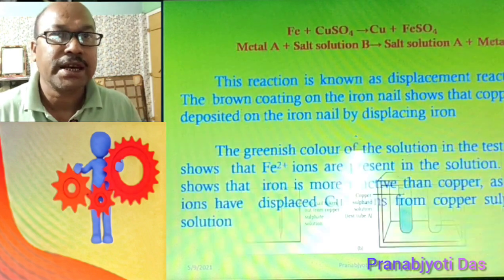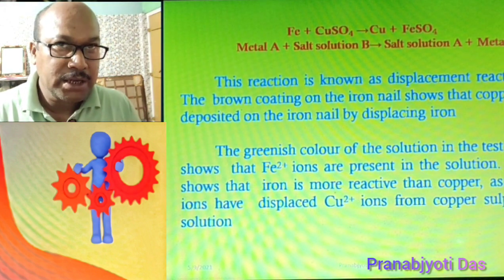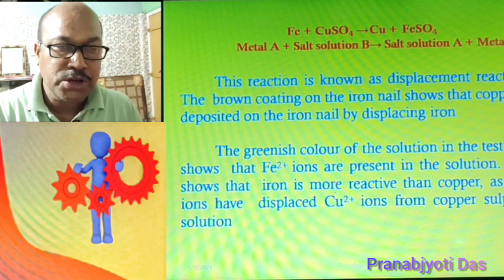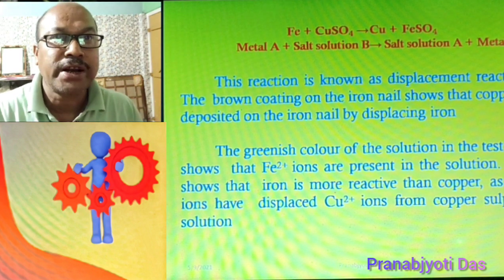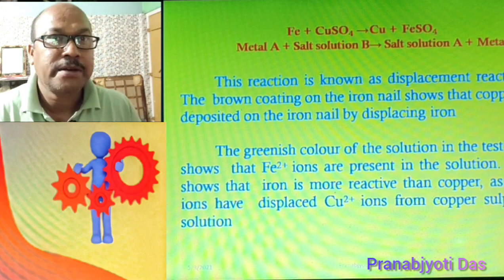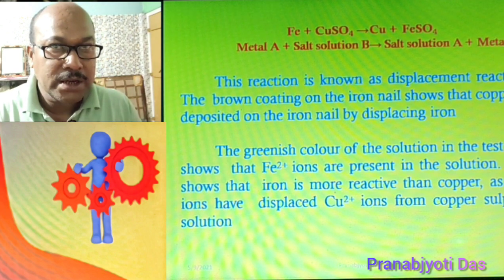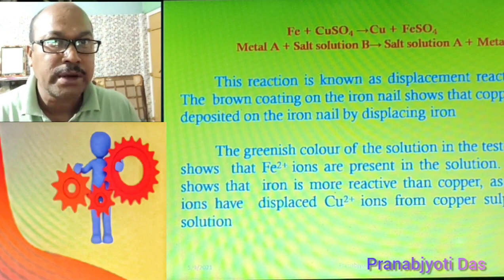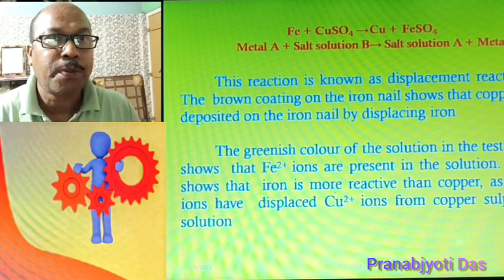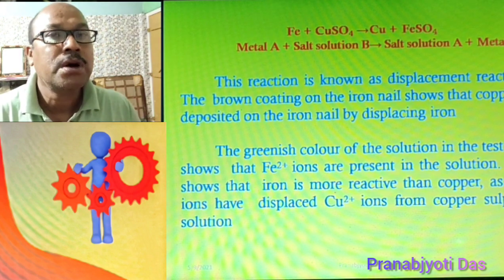The answer is here. Iron, you can see, iron nail. You dropped it in copper sulfate solution. So a reaction took place between iron and copper sulfate, and it produced copper metal and ferrous sulfate solution. First there was a solution in the test tube, copper sulfate, and its color is blue.